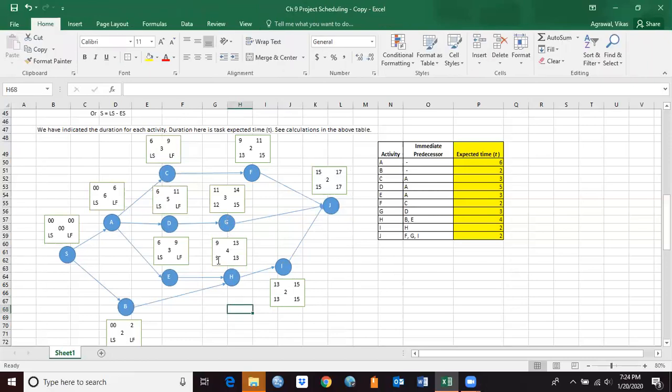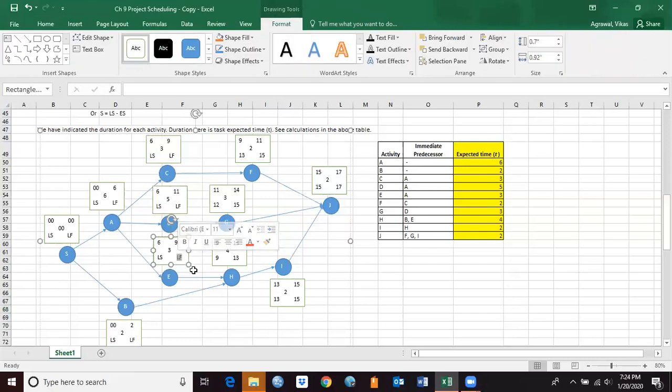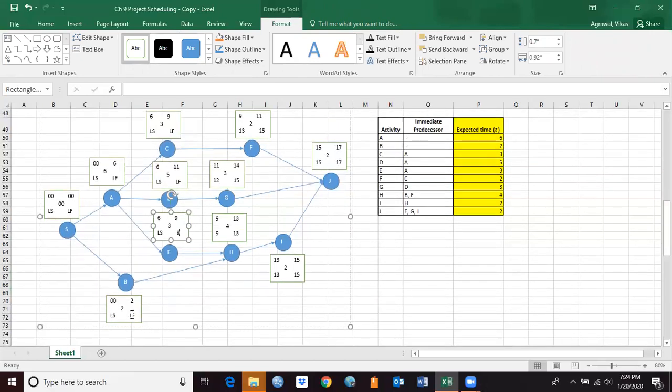So if this is starting on 9th, I can finish activity E on 9th, and activity B on 9th also. So that gives me latest start as 9 minus 3, 6 here, and 9 minus 2, 7 here.